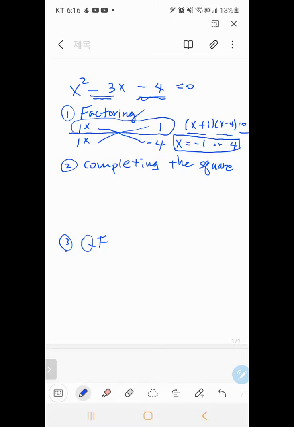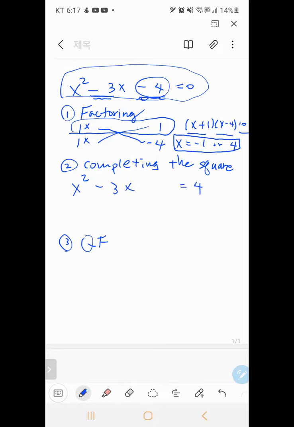Okay, number 2, completing the square. So from the original equation, we want to get rid of the old c and find the new c, right? So let's start with adding 4 on both sides. If we add 4 on both sides, we get this, right?